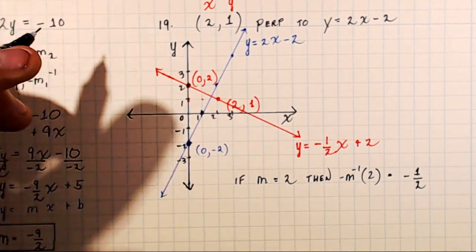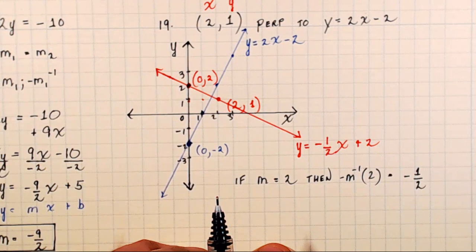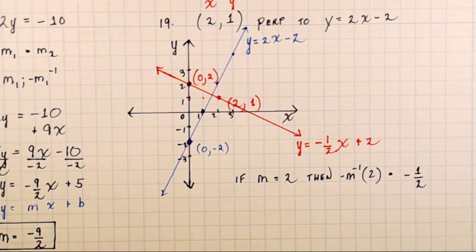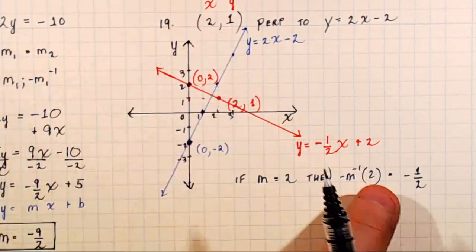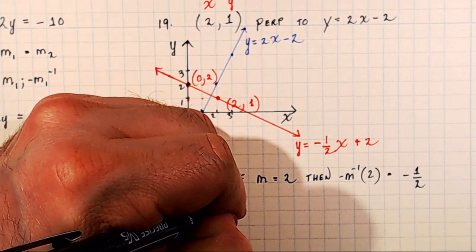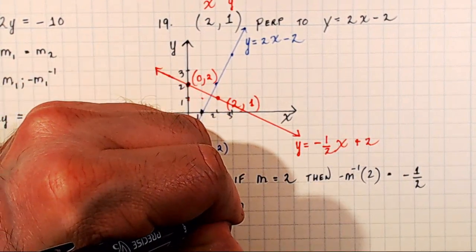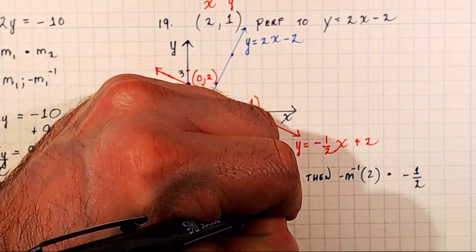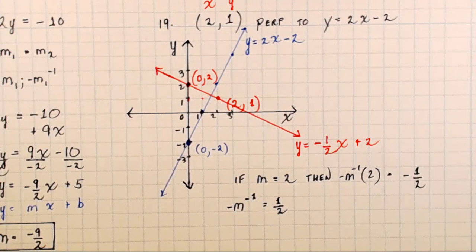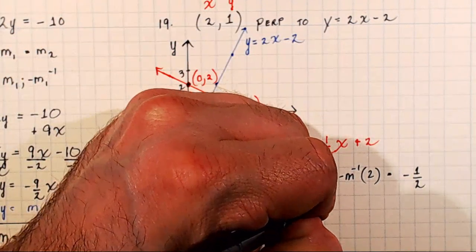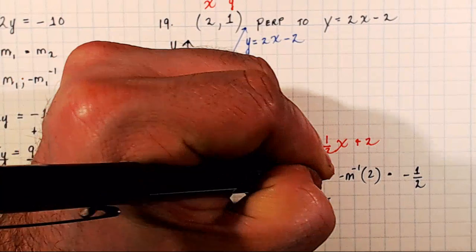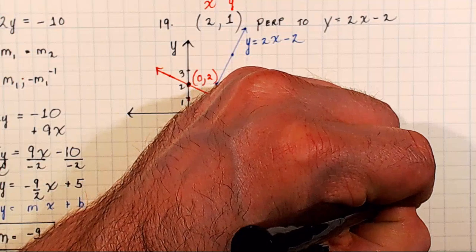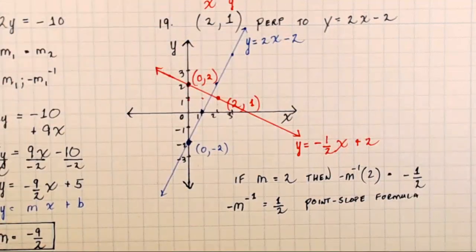Okay, so now we have to create the equation of the line algebraically. We want that line to pass through point 2, 1. When we have one point and a slope, this is the slope we're going to be using. Our negative reciprocal slope, our perpendicular slope, is now equal to negative 1/2. So we want to use the point-slope formula to solve this.